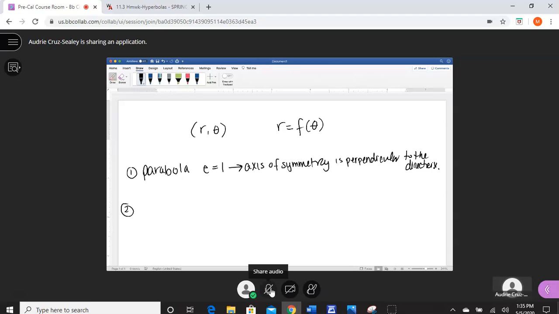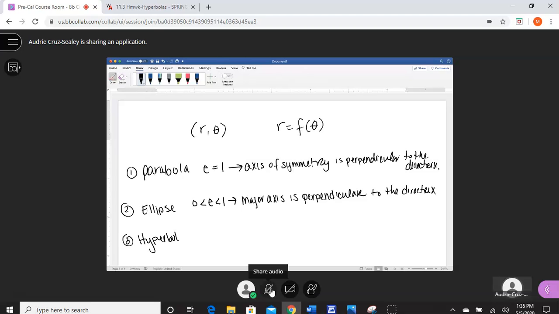For number 2, you have an ellipse. Your eccentricity would have to be between 0 and 1, and your major axis is perpendicular to the directrix. Number 3, we have a hyperbola.